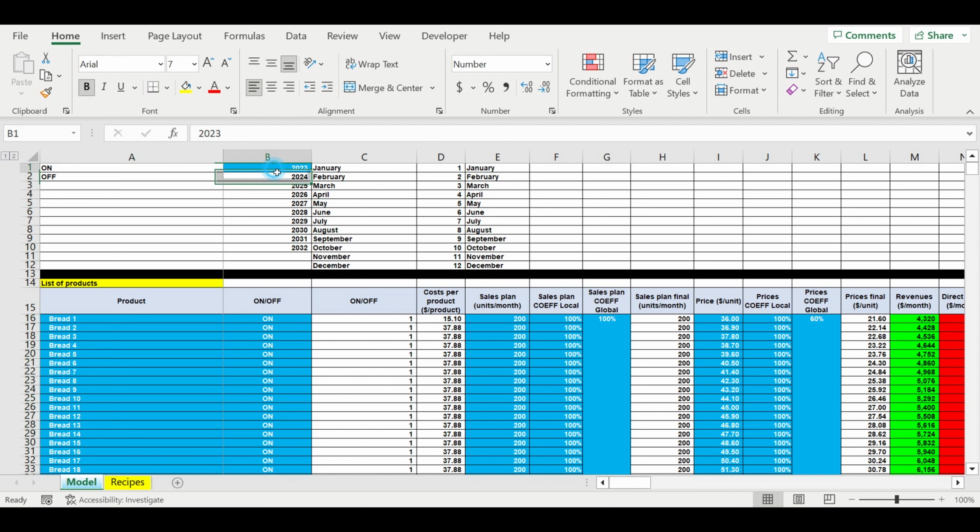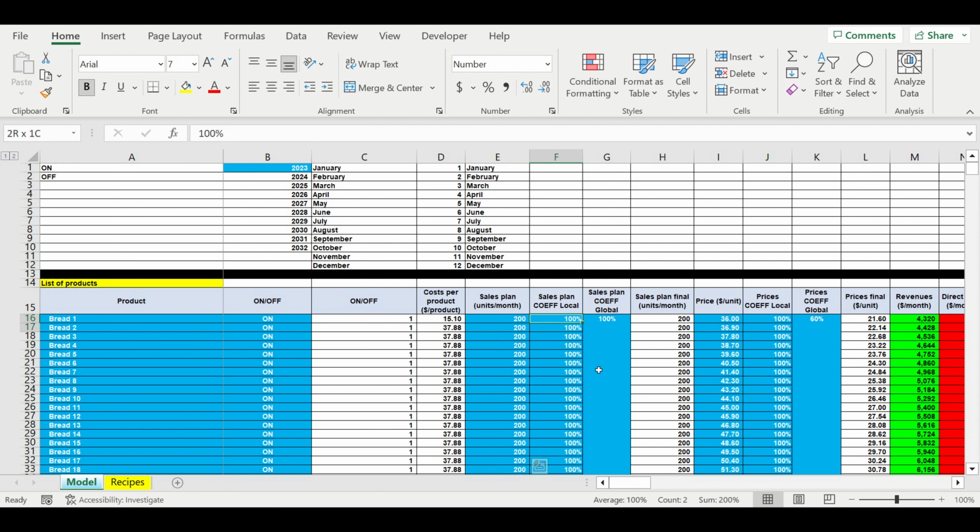First of all, we are setting up the first year of our financial projections. Then we are setting up the product line, so what types of breads, of cakes we are going to sell. We can switch them on and off from calculations. Then we specify the sales plan monthly.